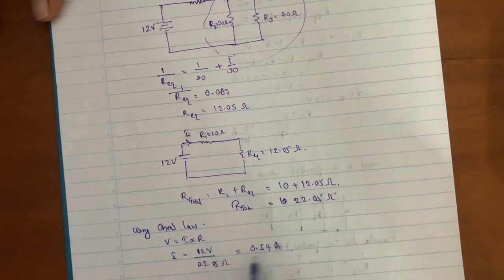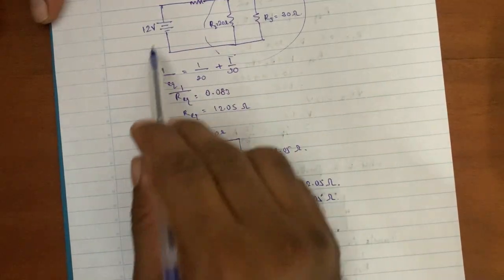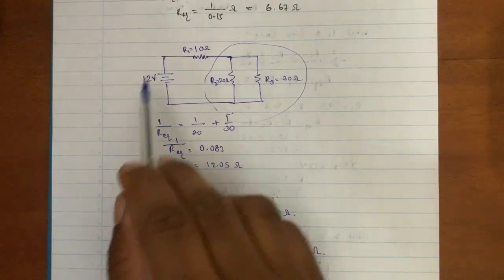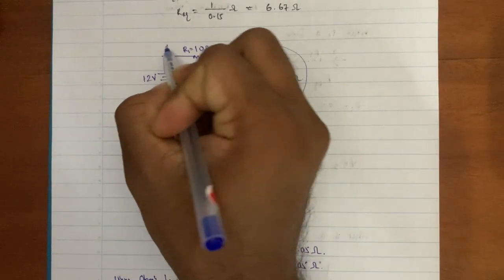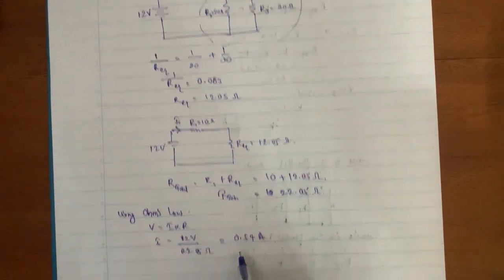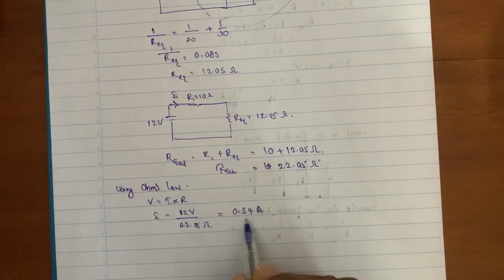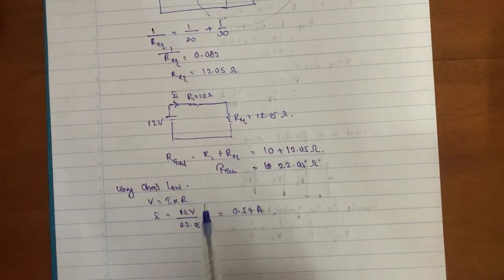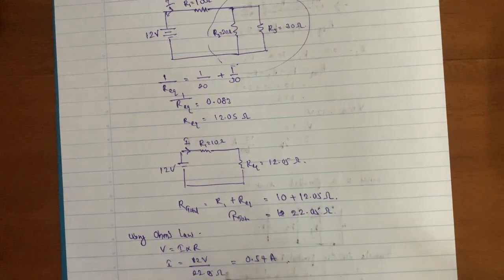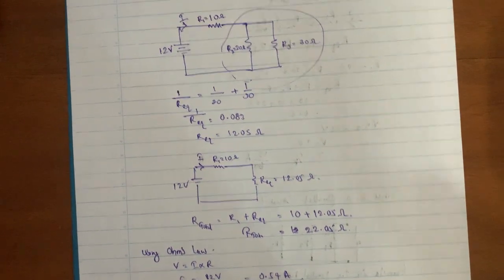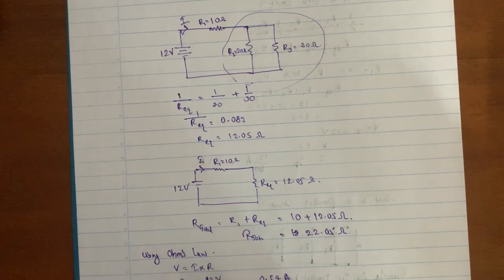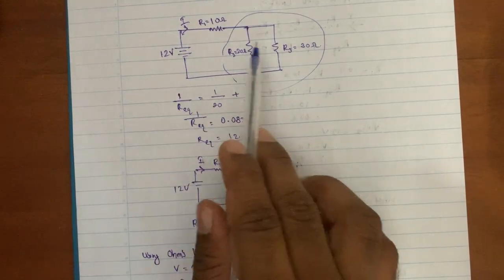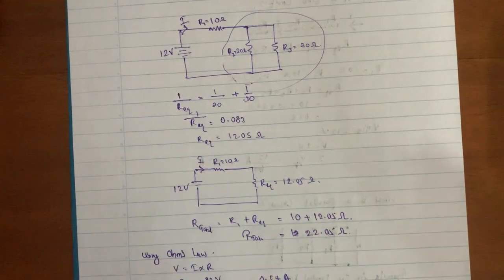That is the current flow through this combined circuit is 0.54 amperes. Like this, you can solve complex circuits in future as well. I think you understand how to calculate these combined series and parallel circuits.